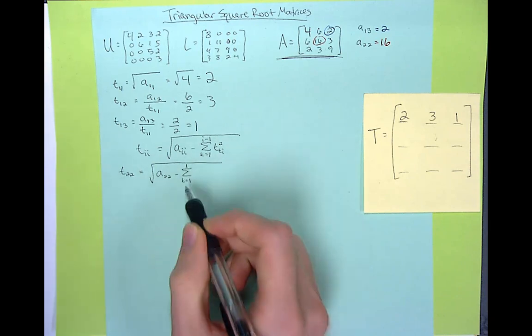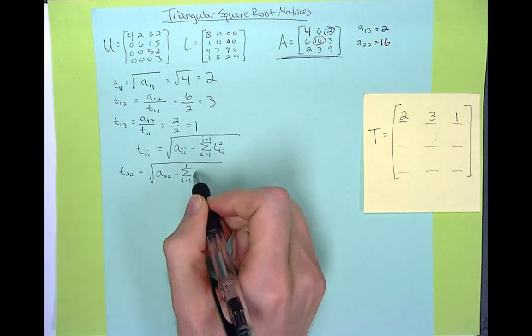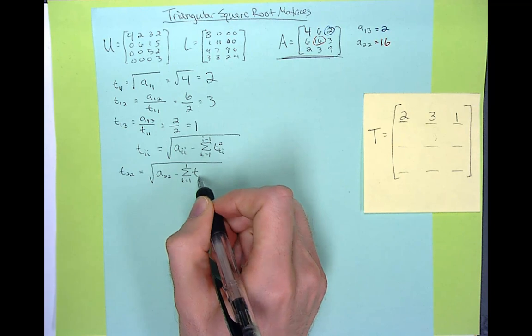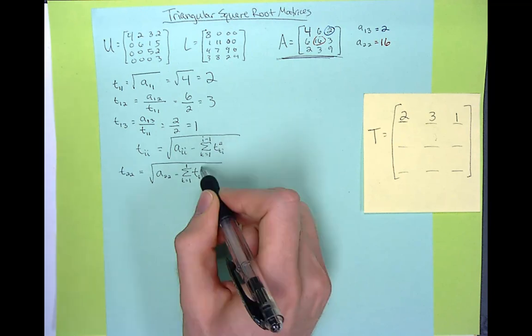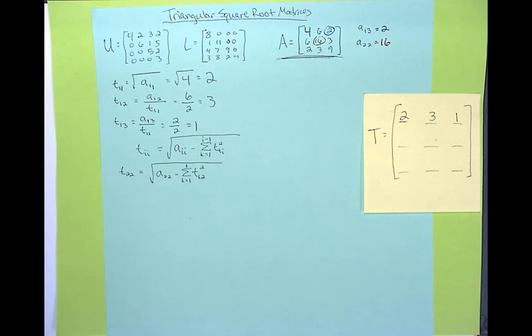This k goes from 1 to 1. The summation of T sub k, our i is 2, and this is squared. So we're just plugging in numbers right there.